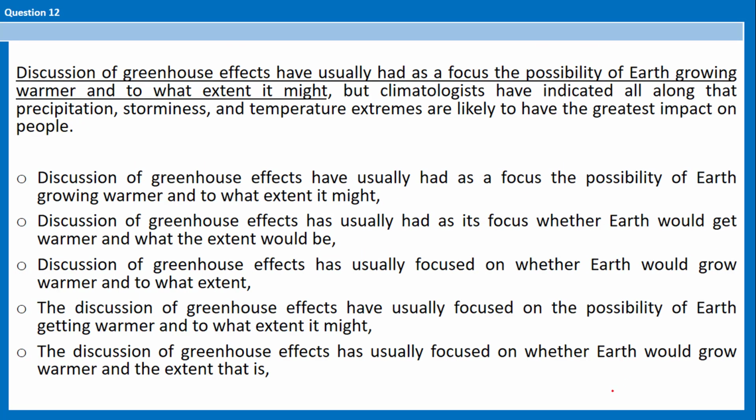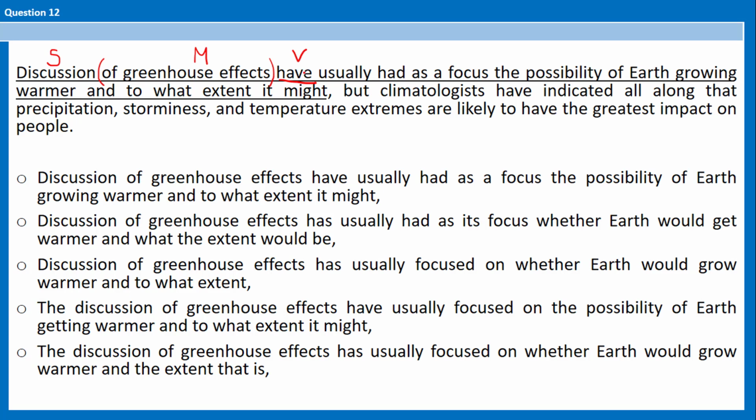Question number 12. Focus on the subject, the main verb, and you can also be aware of modifiers and subordinated structures. My subject here is discussion. Discussion of greenhouse effects, that's a modifier. Have, that's the main verb.